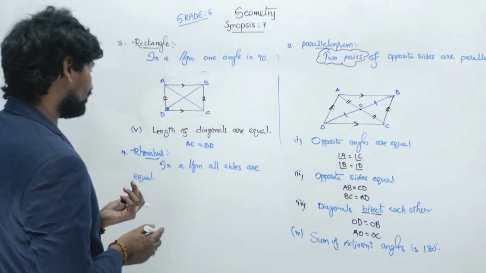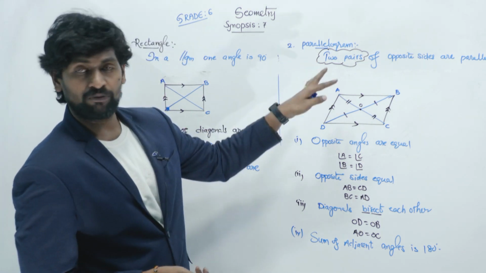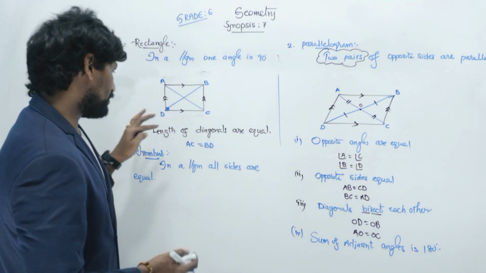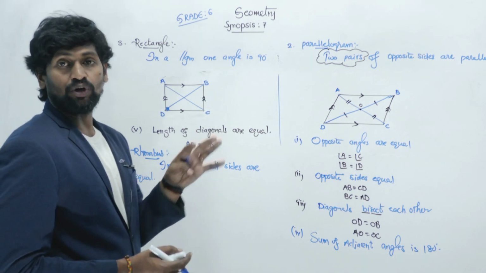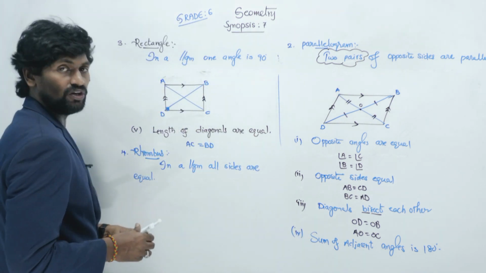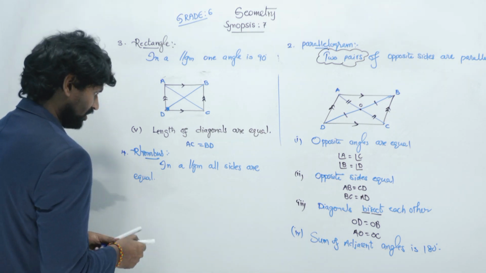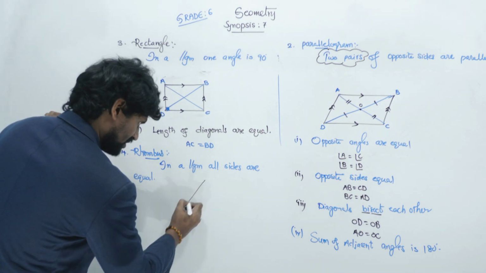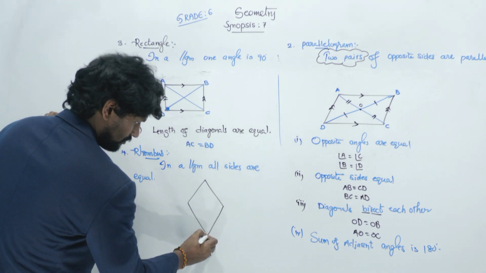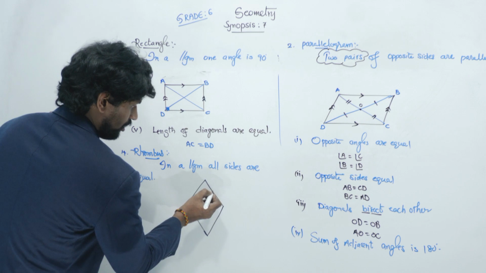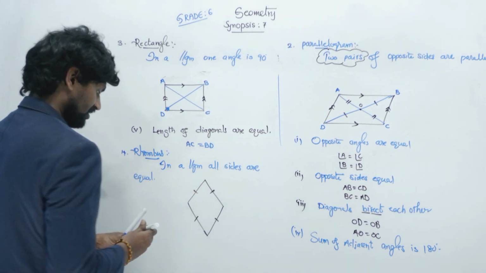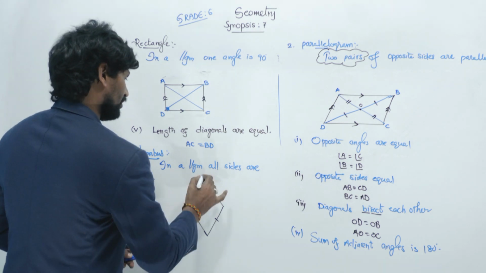It is also a parallelogram, but in an original parallelogram, only opposite sides are equal. When you transform the parallelogram into all sides equal, it will become a rhombus. Okay? All sides are equal: AB length, BC length, CD length, DA length. All sides equal in a parallelogram becomes a rhombus.